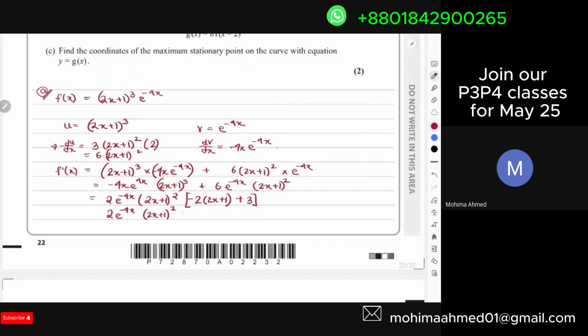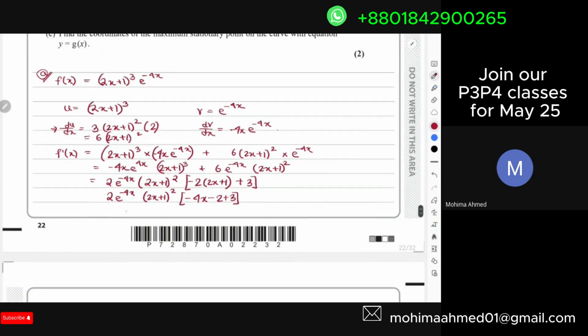After this, you get 2 e power minus 4x, (2x plus 1) square. I can multiply this. We are going to have minus 4x minus 2 plus 3, and that's going to be 1 here, right? This restores your value, and this was written as (2x plus 1) square. Then this one is actually (1 minus 4x) and e power minus 4x, right? This was your equation.